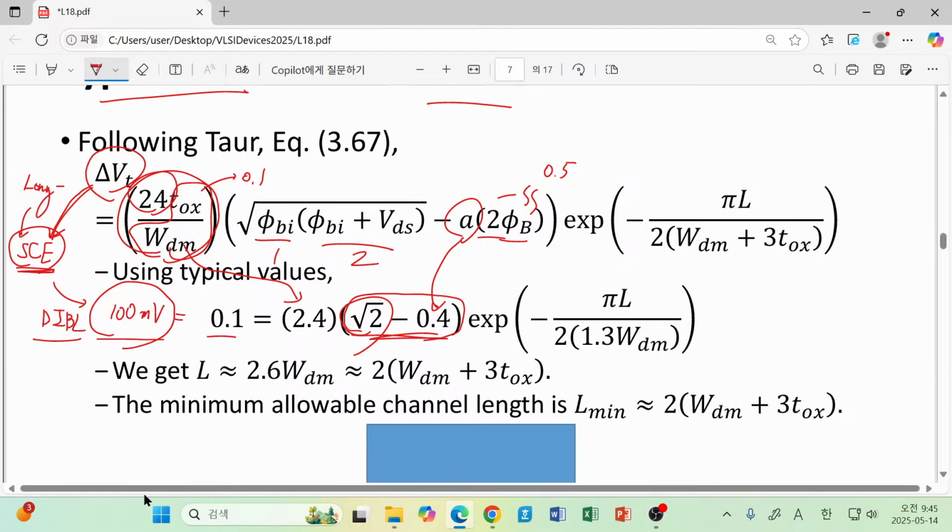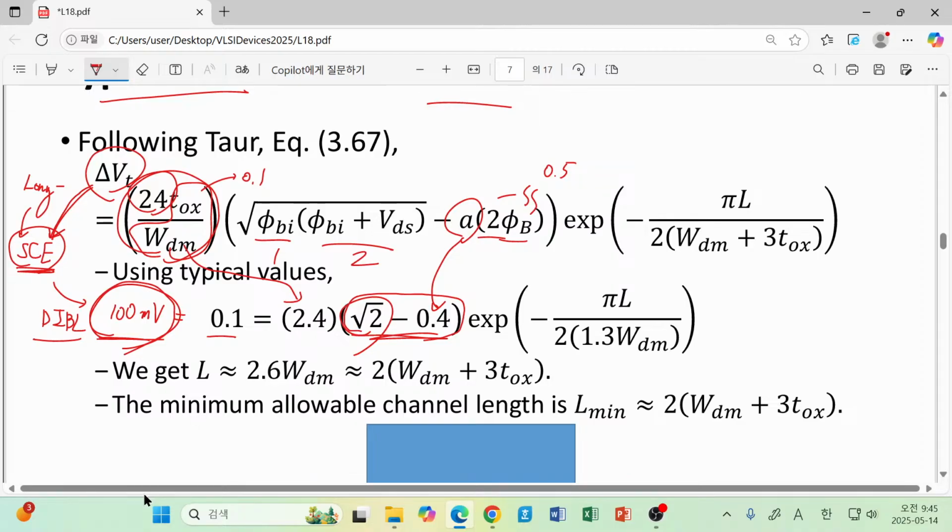Anyway, let's say that compared with our long channel device, 100 millivolt difference is allowed. That is the maximum I can endure for this short channel device. Is this reasonable? Yes, it is quite reasonable.